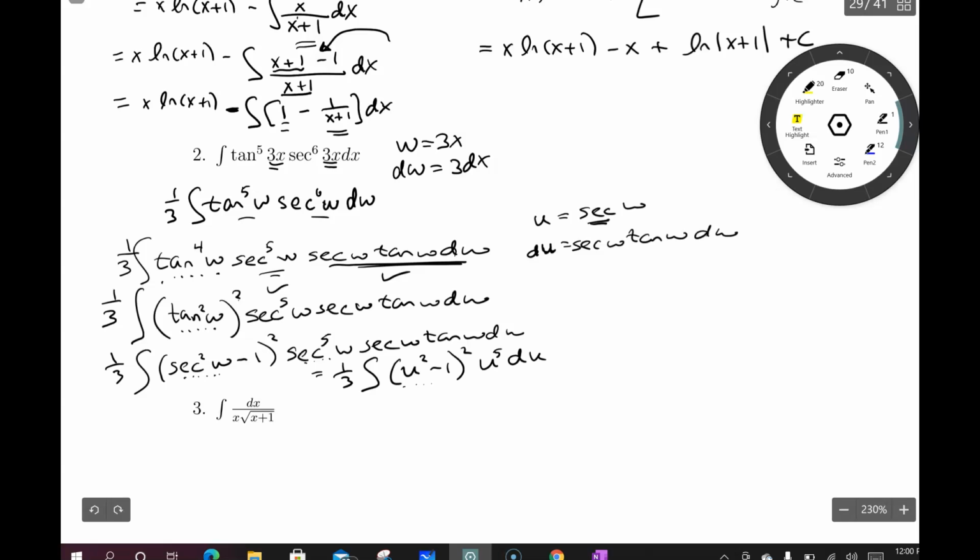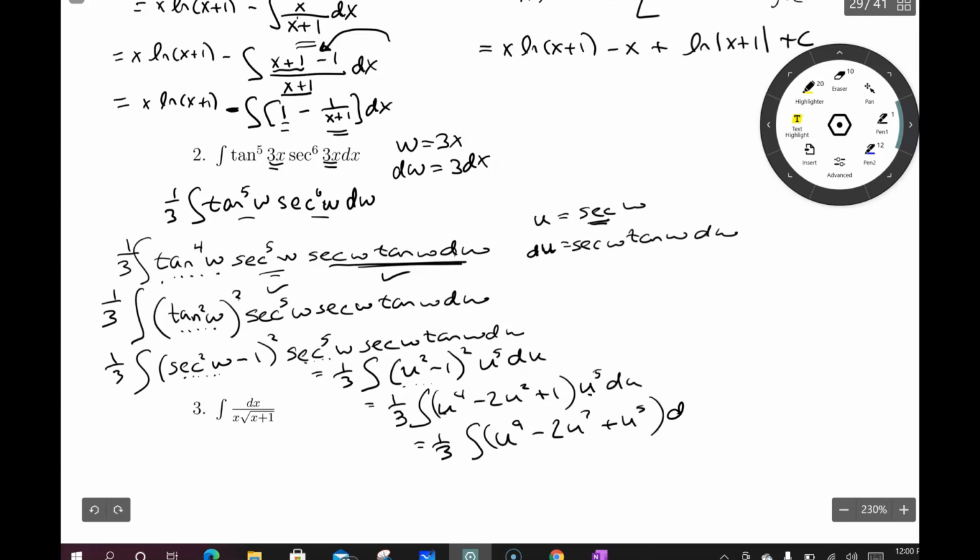So I'd need to multiply this out. So I'd get u to the 4th minus 2u squared plus 1 times u to the 5th. And let's multiply here, so I get u to the 9th, minus 2u to the 7th, plus u to the 5th.